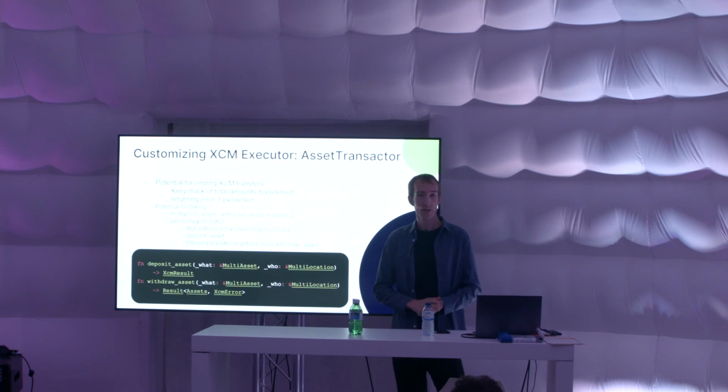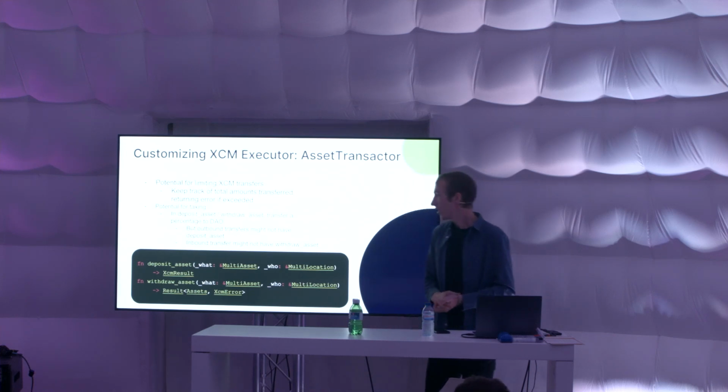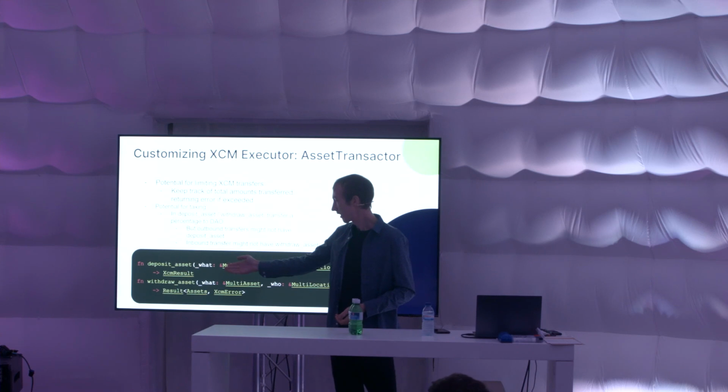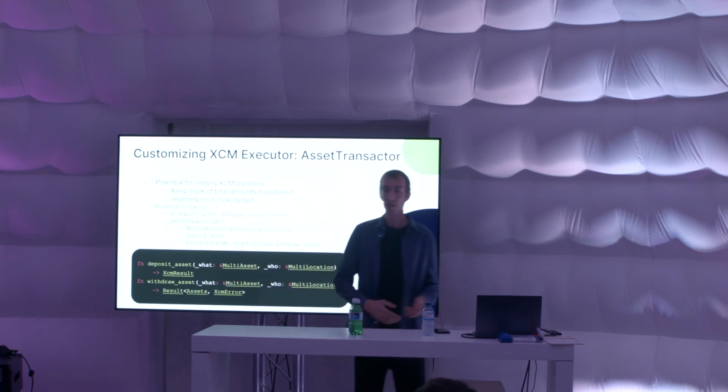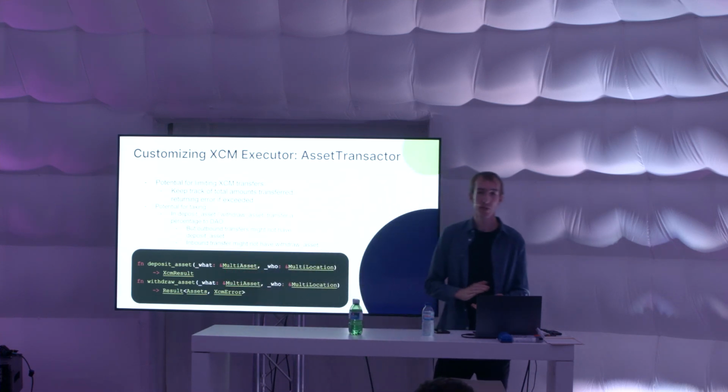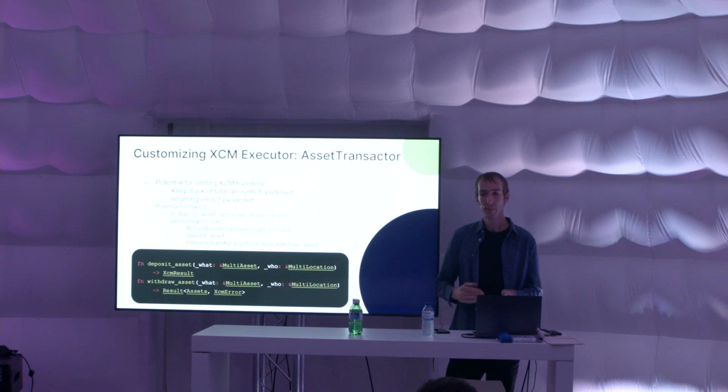So the next way is not really a way to customize it. It's more, I would say, glue logic that you need to implement to have the XCM code interface with your parachain. So it's these two functions, deposit asset and withdraw asset, that are called by the executor whenever an XCM message is doing some kind of transfer to or from an account on your parachain.